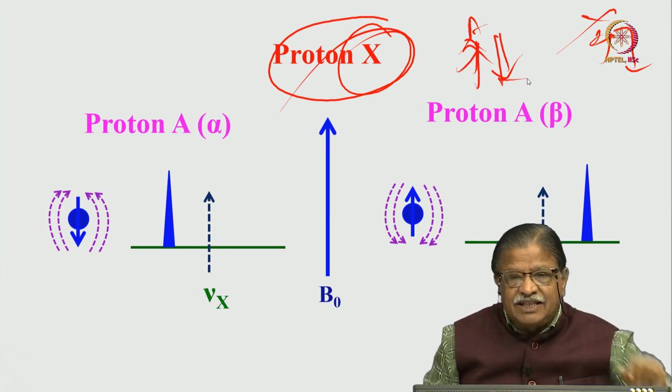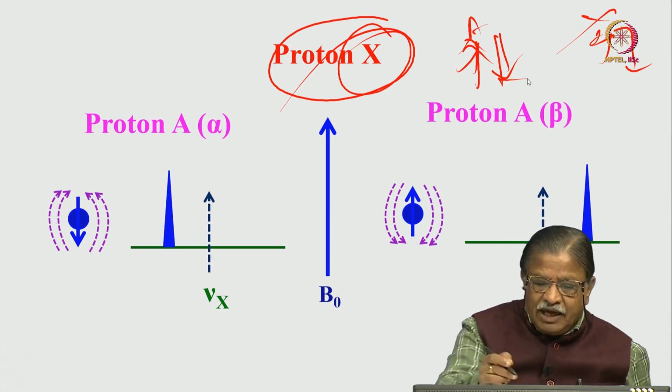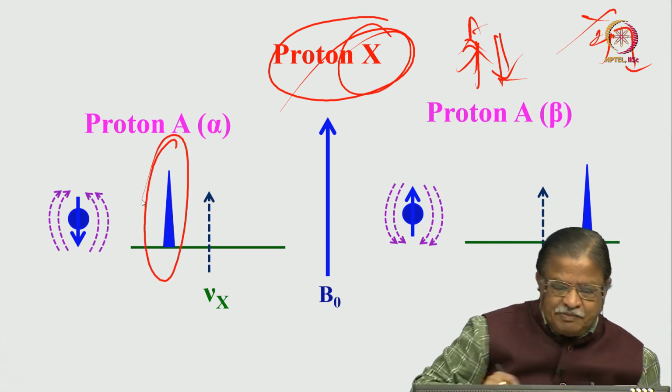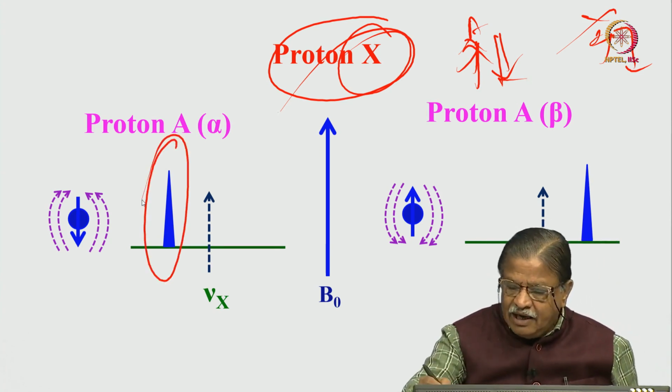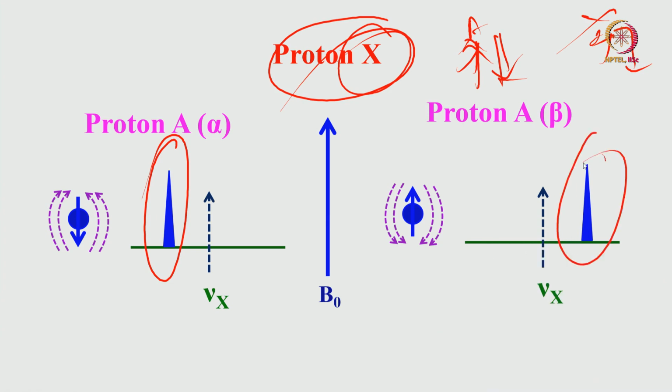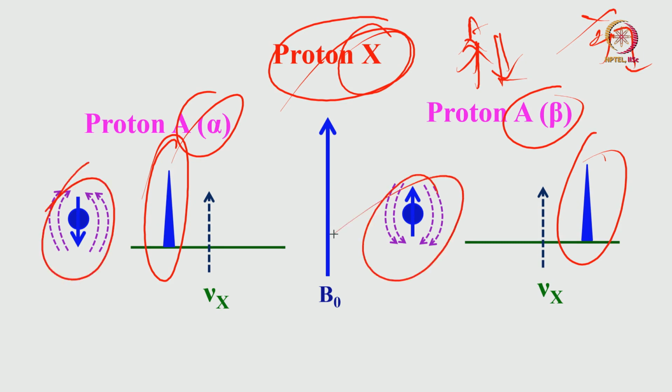There are 2 different energy states. So proton X can see proton A in the spin up state or in the other state, which is the spin down state. That is the alpha state and beta state. There are 2 possible orientations.